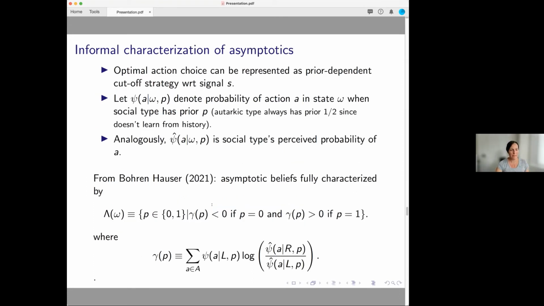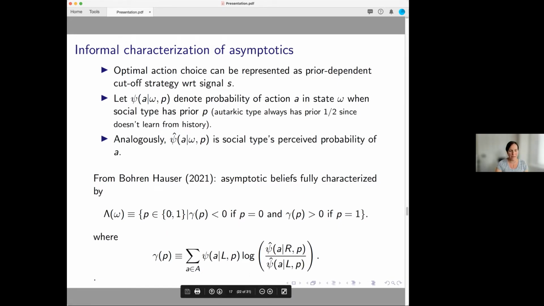From a characterization in other work I have with Daniel, we have a general framework for analyzing asymptotic learning in this setting with endogenous information. It's endogenous because the informativeness of action choices depends on the history. Here, asymptotic beliefs are fully characterized by an expression analogous to the relative entropy at certain beliefs.